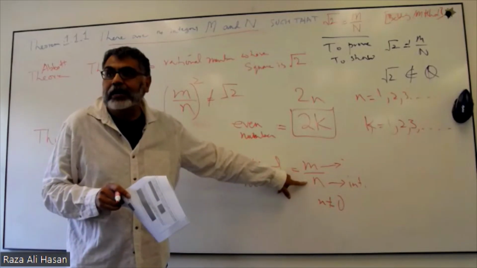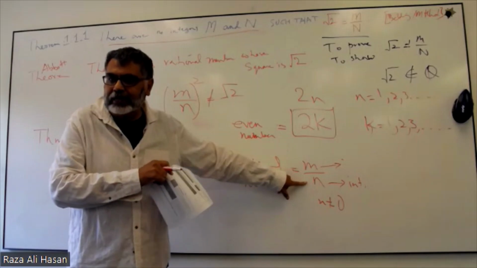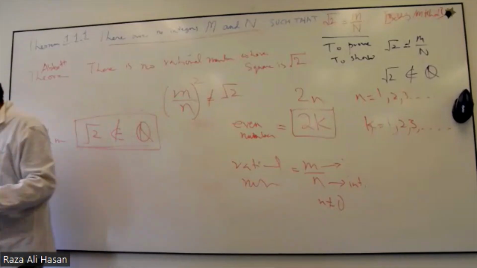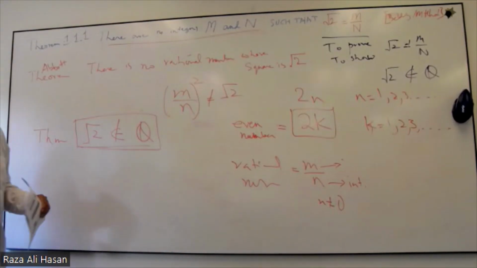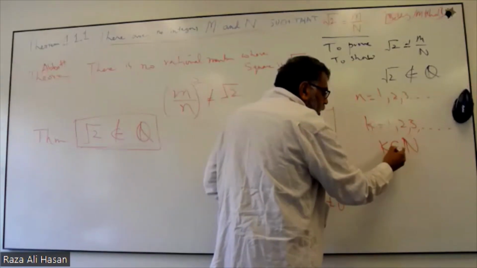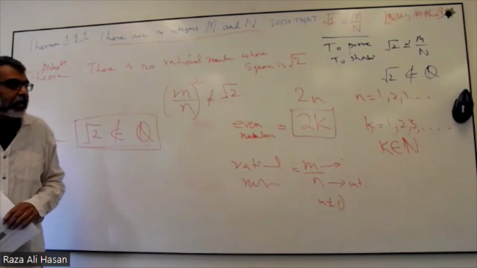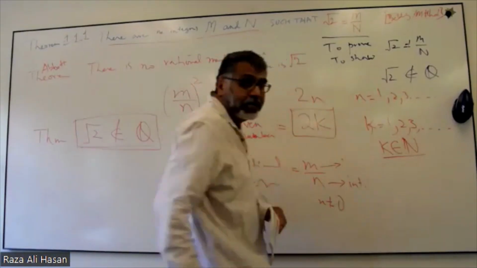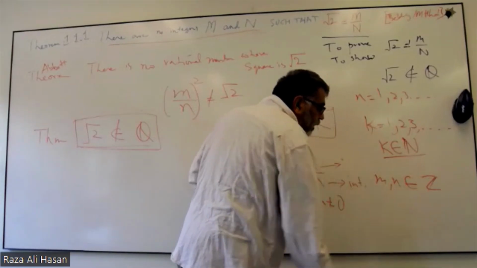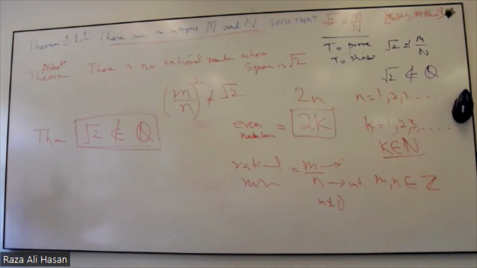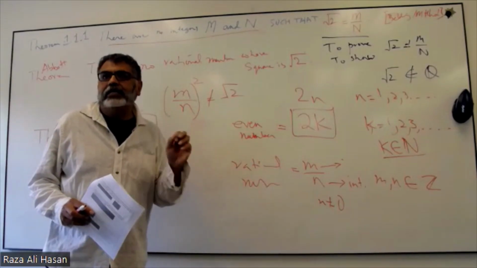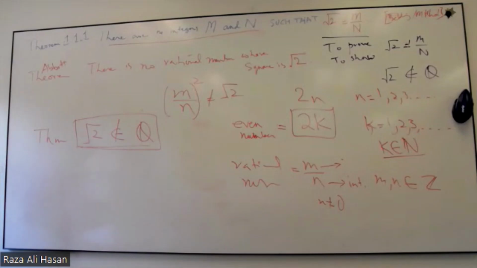Here we cannot replace n by 0, but we can replace it by negative numbers and positive numbers. And here k can only be replaced by 1, 2, 3, where k is a natural number. Right? Over here we can say m, n belong to the integers. All right, so this understanding of even numbers will come in handy in the proof. So I'm going to now delete all this.